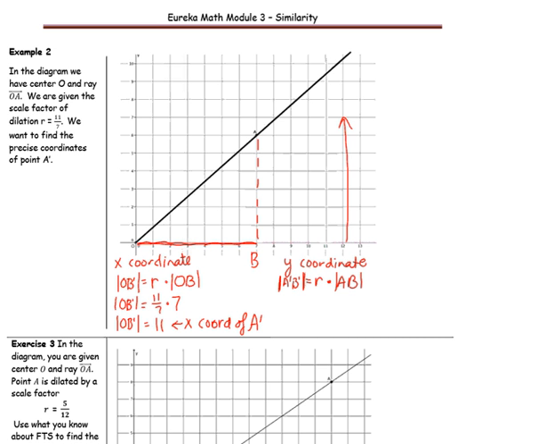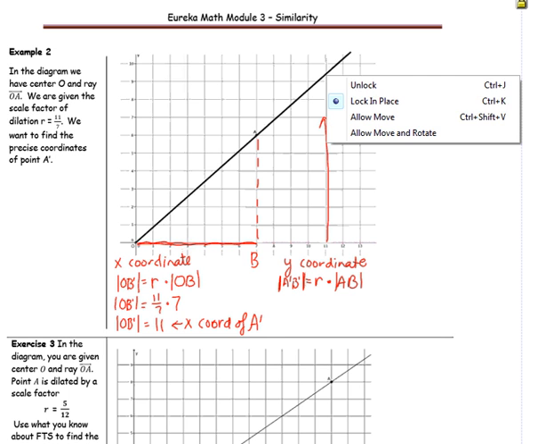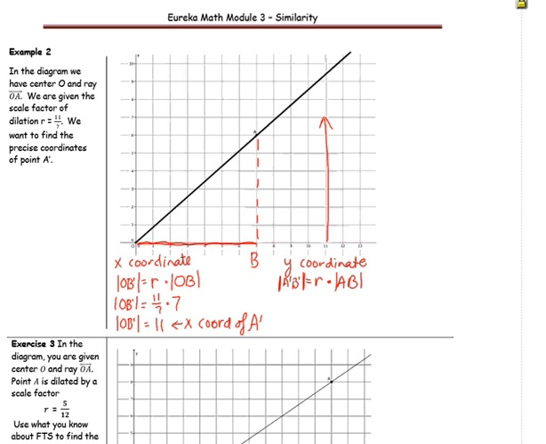We just haven't found out yet where this line is. Or have we? That would be the 11. So it's over here at 11. And this will be our point, but we don't know the exact coordinate of it yet.